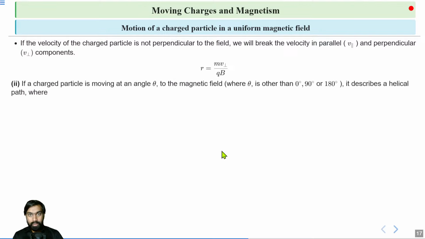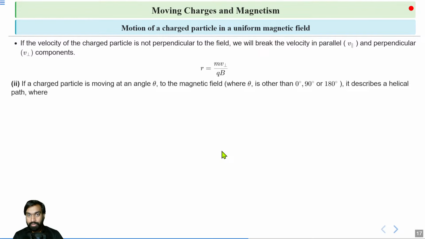Second, if the particle's velocity is not exactly perpendicular but at some angle theta, the particle does not stop at once. It moves forward along the magnetic field due to V parallel, and it circles around the magnetic field due to V perpendicular, where V perpendicular equal to v sine theta, as we know.